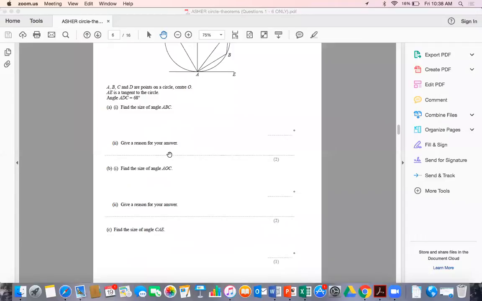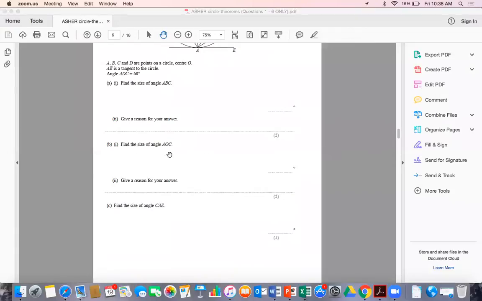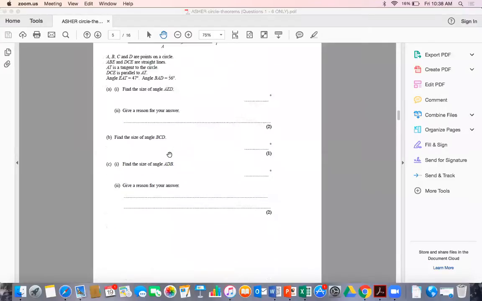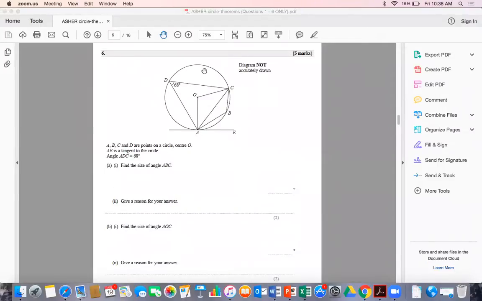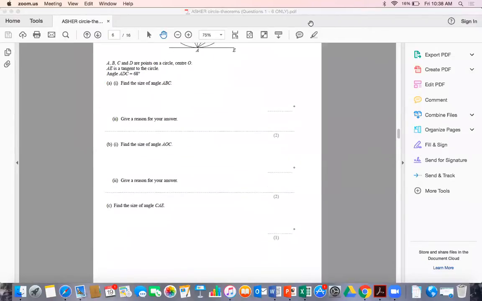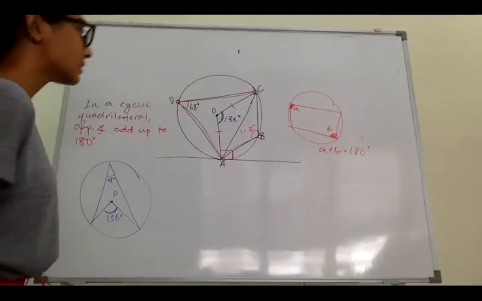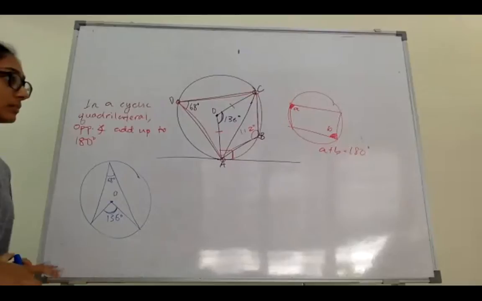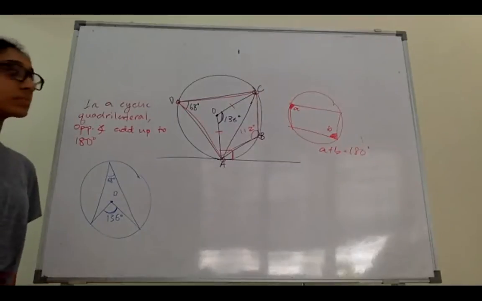All okay so far? Okay. Next, find the size of angle CAE. It's the last question. So what's the reason for the second part?